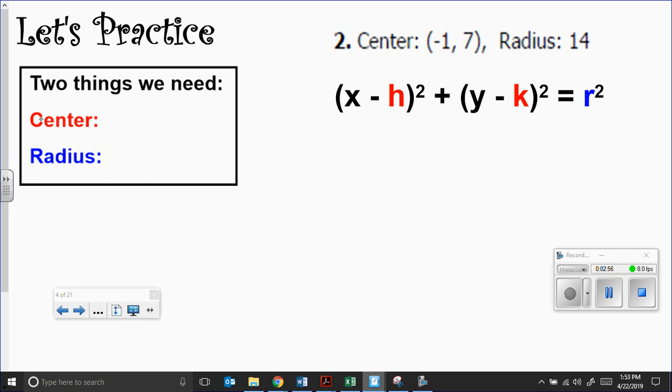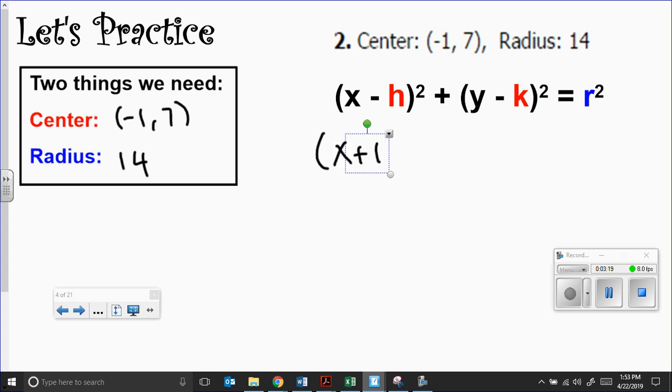All right, so let's try the second example. We need a center and a radius. In this case, they gave us a center and a radius. Our center is (−1, 7) and our radius is 14. Now be careful, because this says −1, and if you do minus a −1, you really get +1.